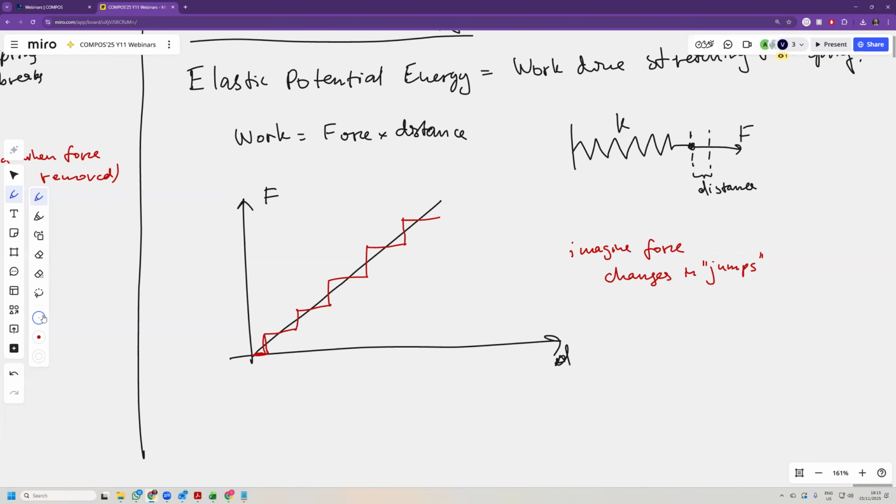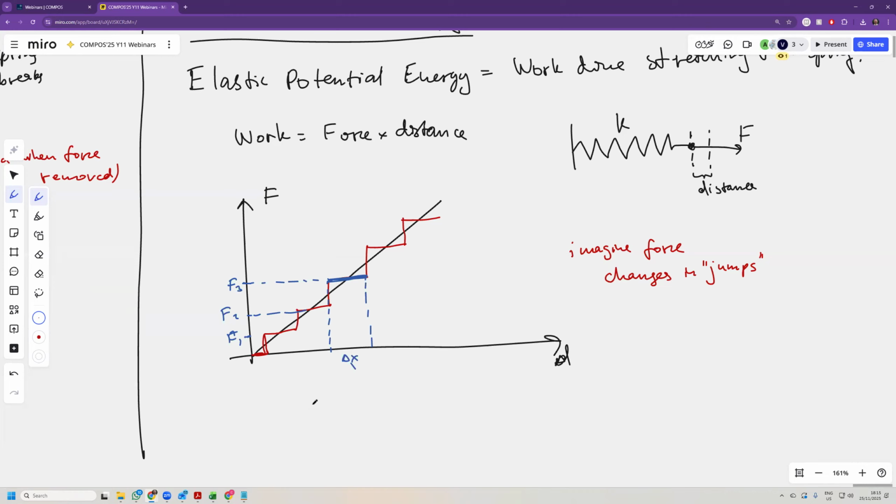But the beautiful thing now is that we can say that during this sequence, the force, let's call it F1, F2, F3. The force is F3 multiplied by the width. Let's call the widths D1, D2, D3.